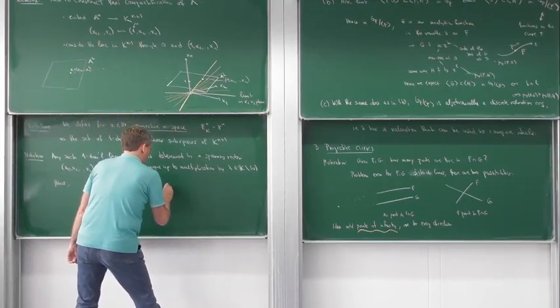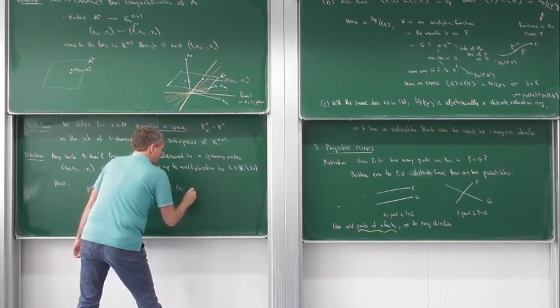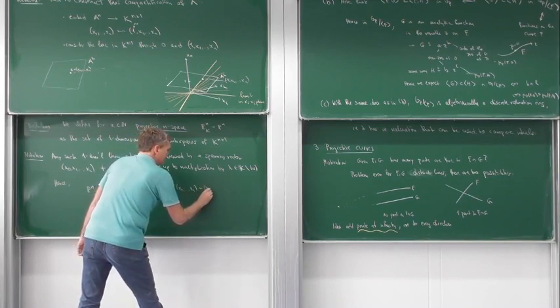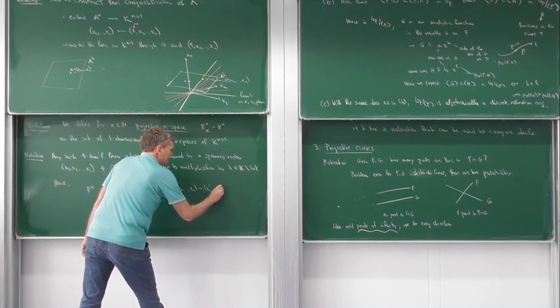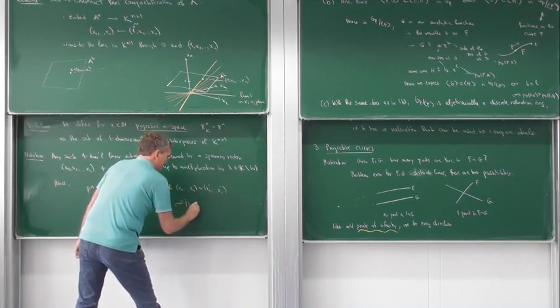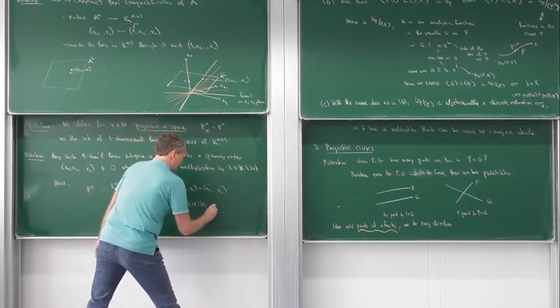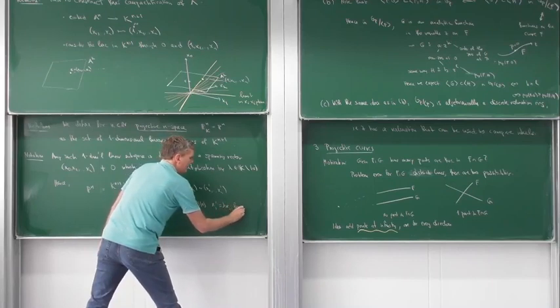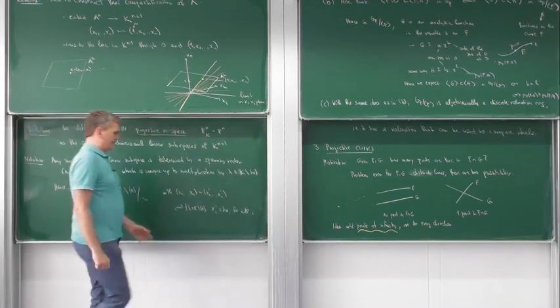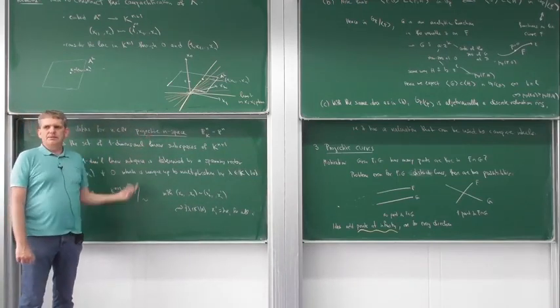So x0 up to xn is equivalent to x0 prime up to xn prime if and only if there's a lambda in k star, without 0, such that xi prime is lambda xi for all i. And so one of the vectors is just a multiple of the other. So that's just a different way, directly equivalent to that definition.